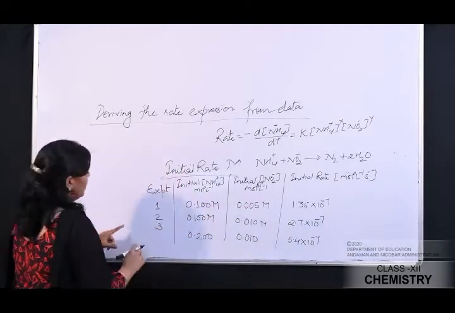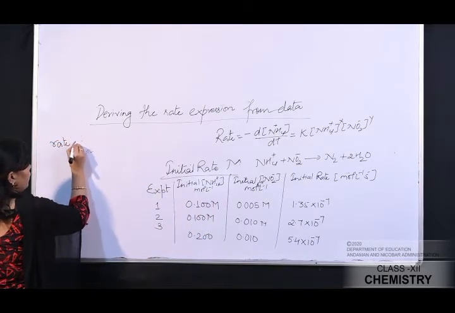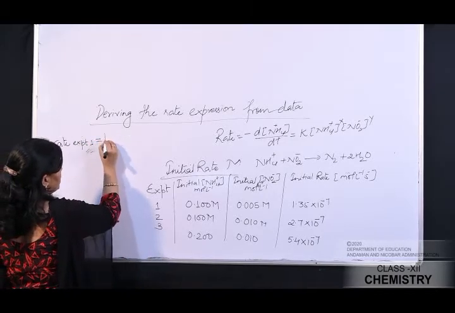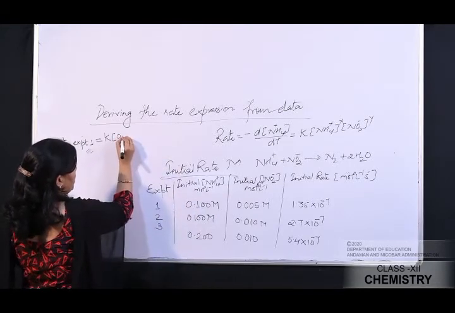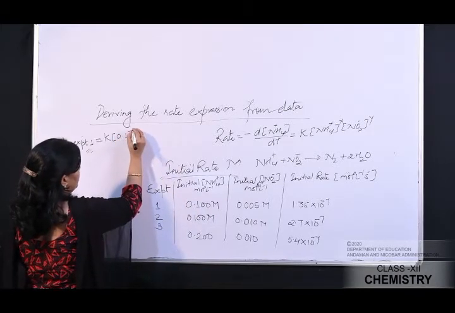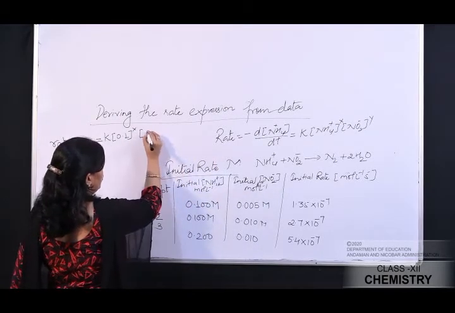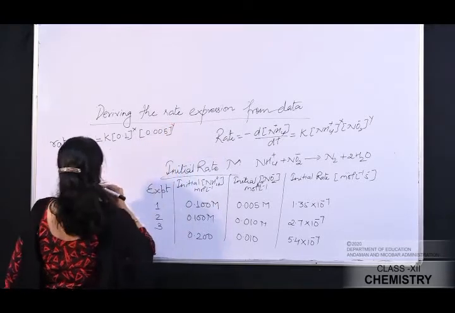So the rate for experiment 1 is equal to k, 0.1 power x, and the concentration of nitrite is 0.005 power y.